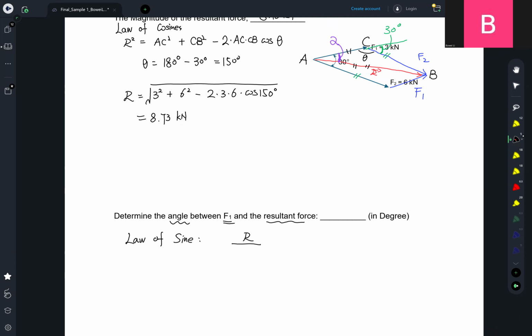Do we know theta? In the previous question, we already found that.